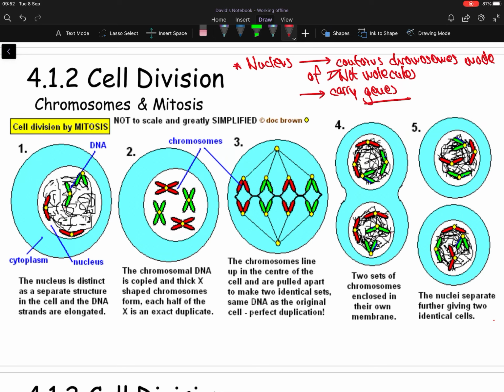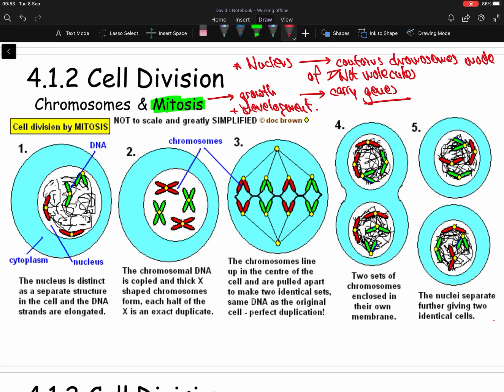Now, we've got a main process of cell division you need to be aware of, and that is mitosis. Now, mitosis in itself, it's important for growth and development of an organism.